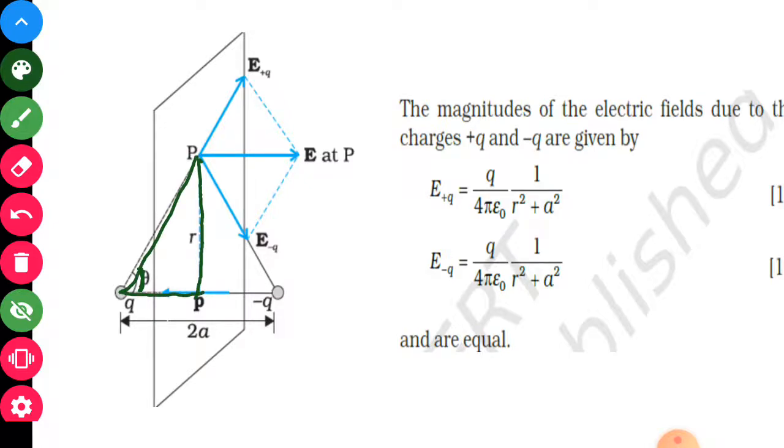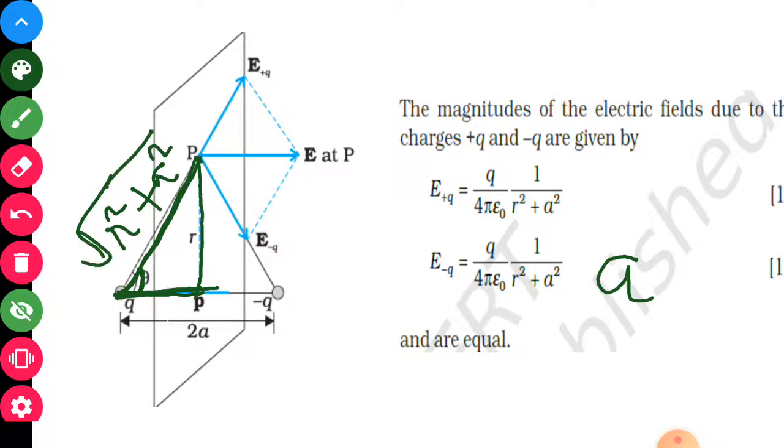So cos theta is adjacent, that is a, this value is a, upon hypotenuse, which we had found, and that is the square root of r square plus a square.